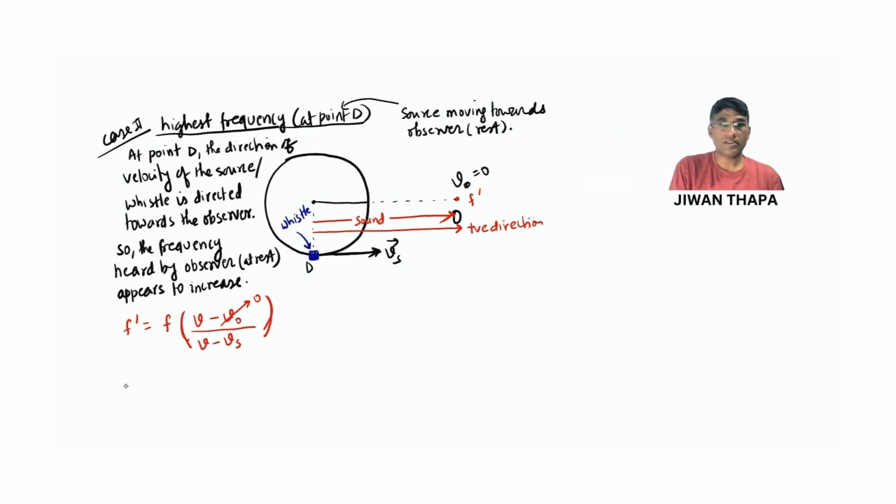So we can write f dash equals f times v divided by v minus vs.